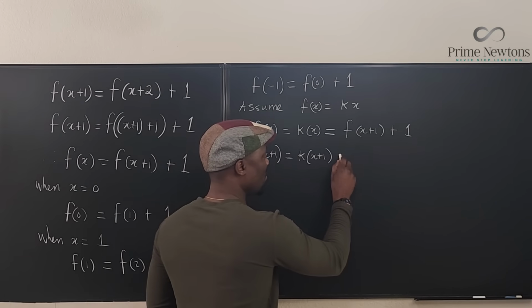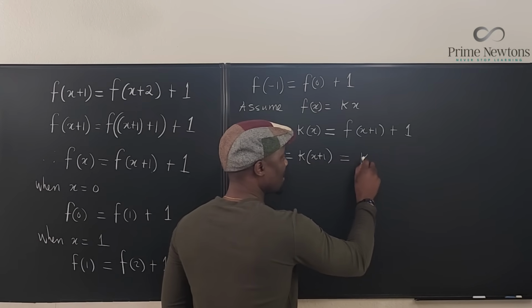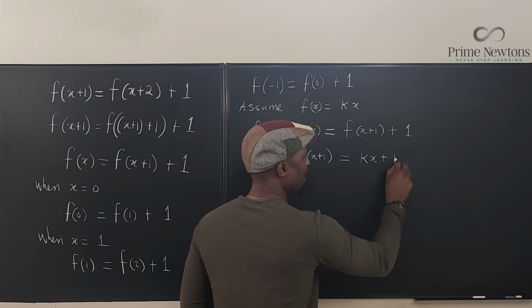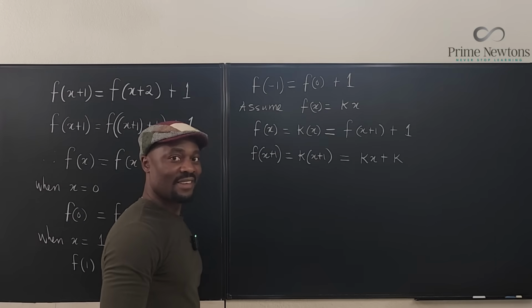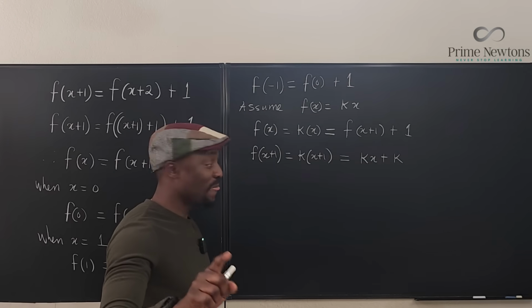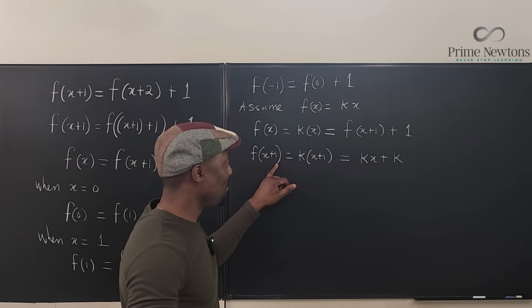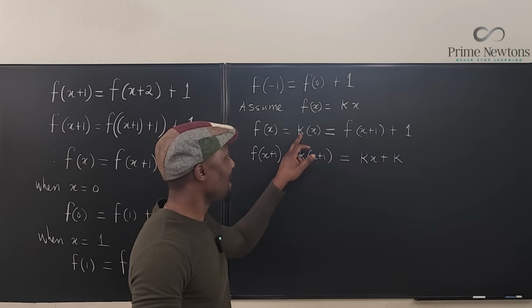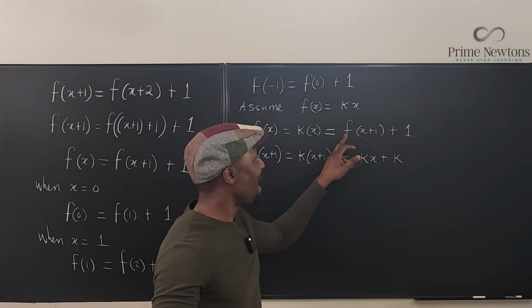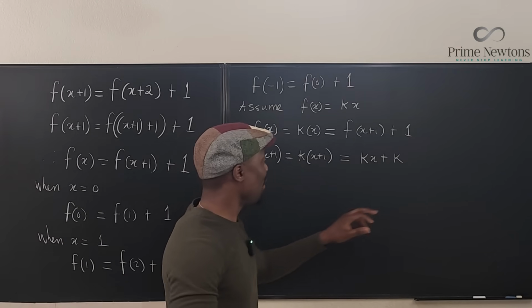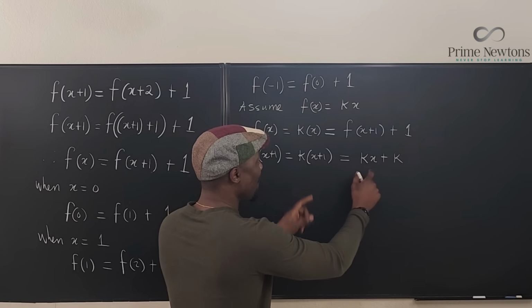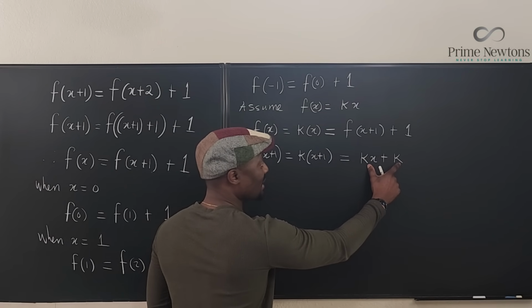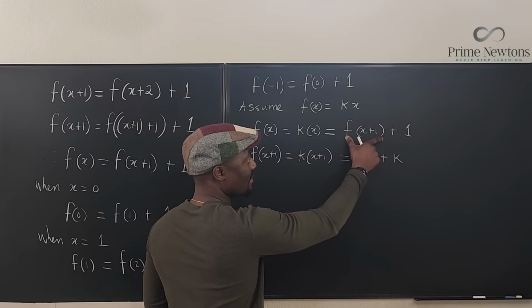Well, this is going to be equal to kx plus k. So f of x plus 1 is kx plus k. f of x is kx, but it is f of x plus 1 plus 1. So we can take kx plus k and put it here.